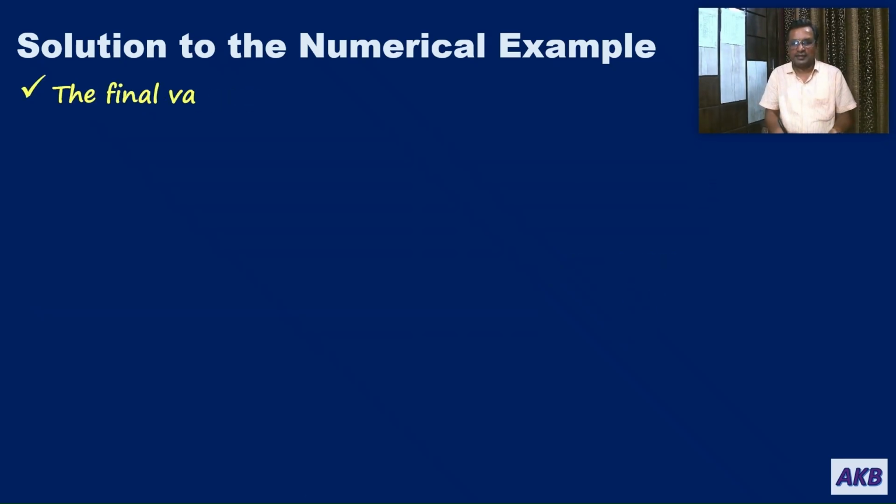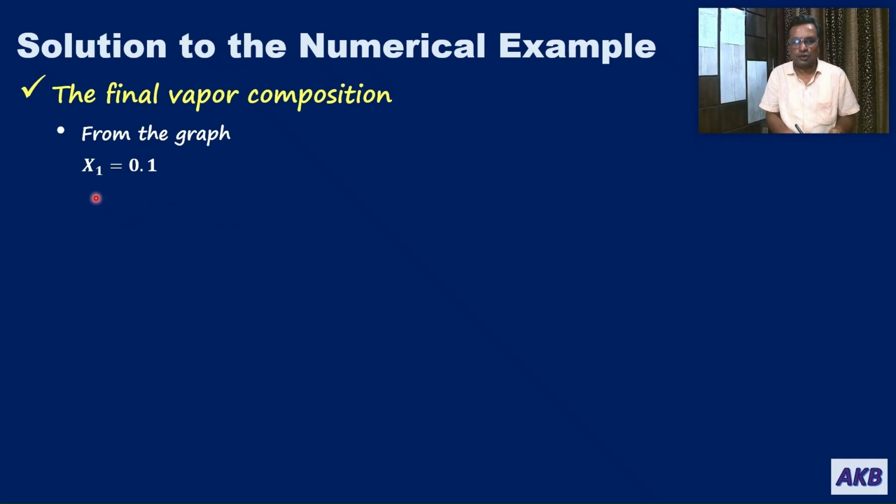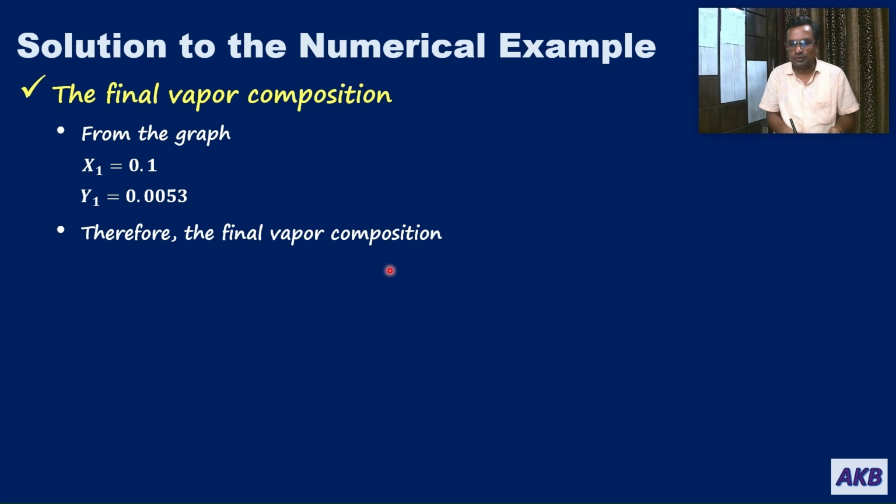Okay, so after getting the values of x1 and y1, we will first find out the final vapor composition. So from the graph, we have got capital X1 to be 0.1 and capital Y1 as 0.0053. Now, the final vapor composition, we are going to get it by using the value of capital Y1. Capital Y1 is nothing but gram of acetone per gram of air, and we know that value, it is 0.0053.